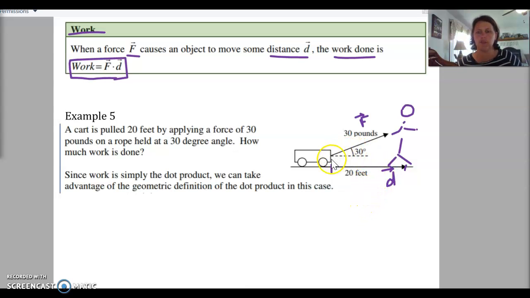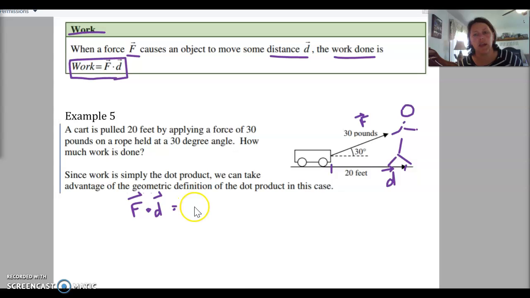Okay, so to find the amount of work that has been done in this situation, we need to find the dot product between F and D. Now we are going to use what we would consider the geometric formula, or formula 2, if you remember back from the notes, where we talked about dot products. That is a dot there, not a minus.